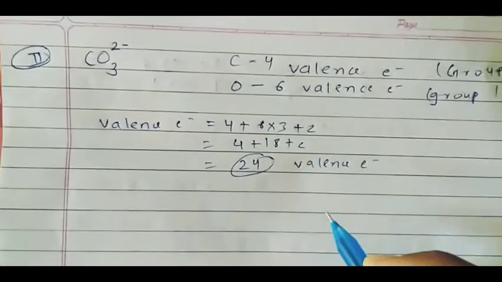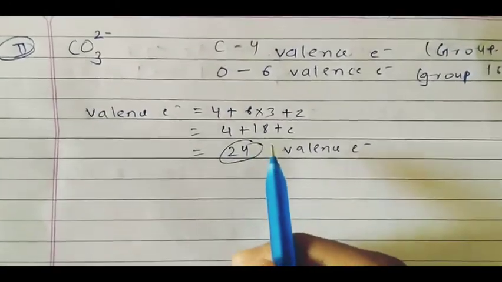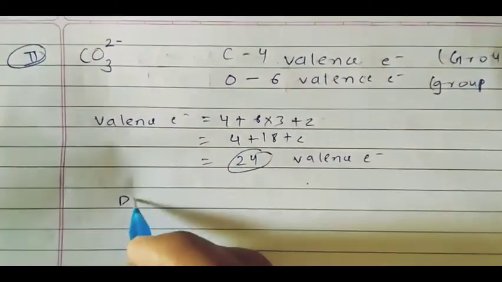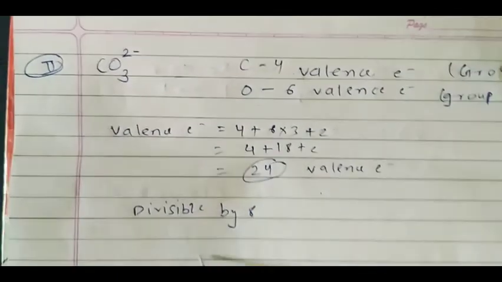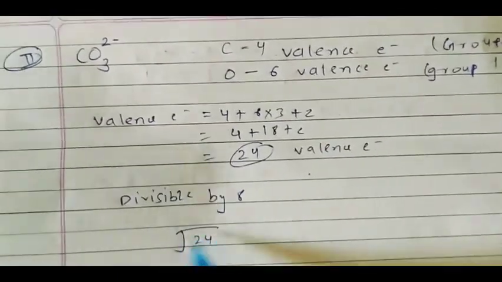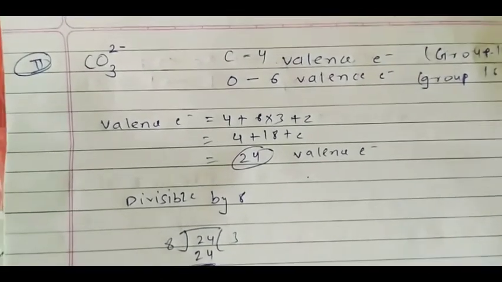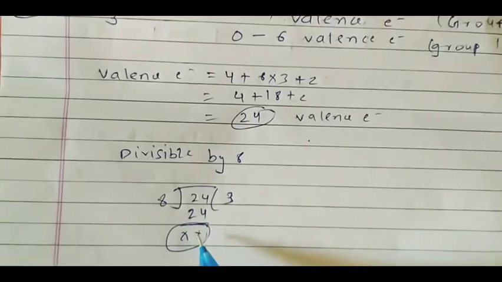It is obviously more than 8. So according to our third rule, we divide it by 8. 24 divided by 8, 8 threes are 24. There is only one quotient, which is 3, and the remainder is 0.